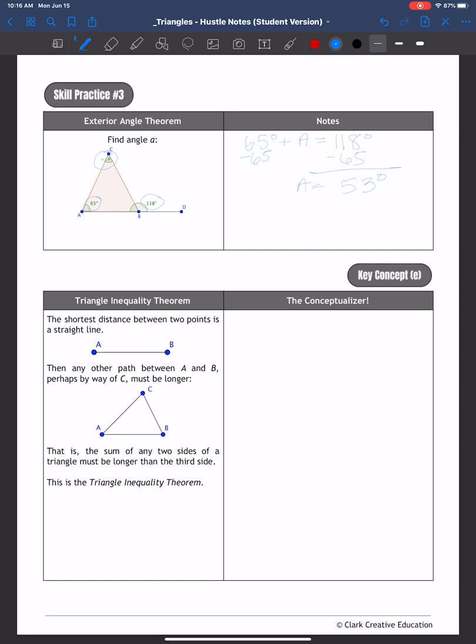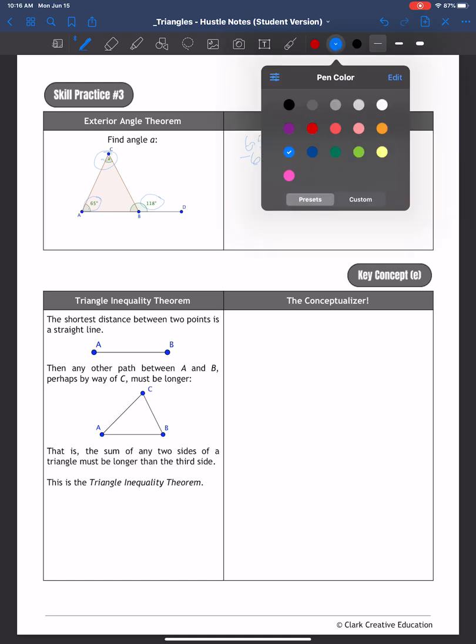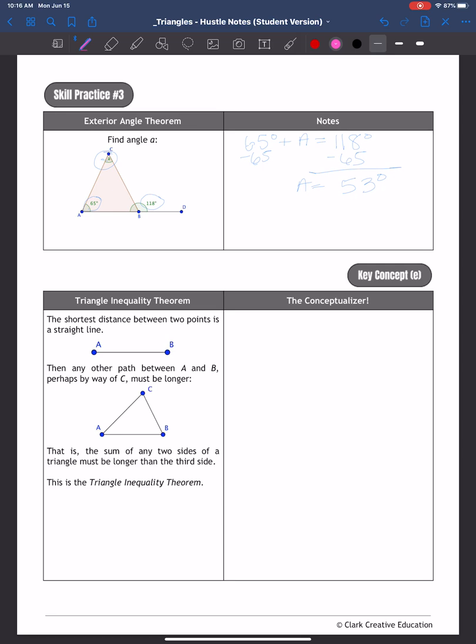This is the triangle. So basically, it's saying if you were to draw, here's A and here's B, right? And you're going to place C up here. A to C could be 4.